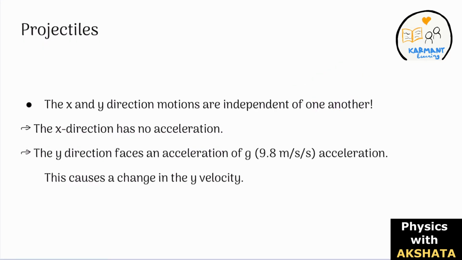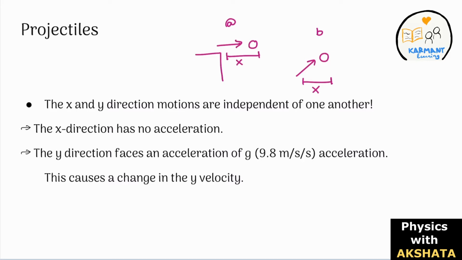I know that both x and y direction at the same time can be pretty confusing, but it's important to note that the x and the y direction are both independent of one another. Another key thing to note is that in any situation, when an object is launched or thrown, like a ball being thrown off a cliff in situation A, and a ball being thrown from the ground in part B, in both cases the x direction of the motion has no acceleration at all.